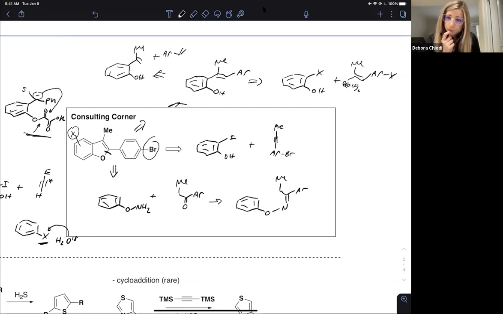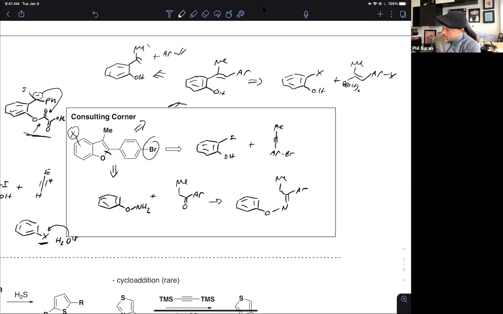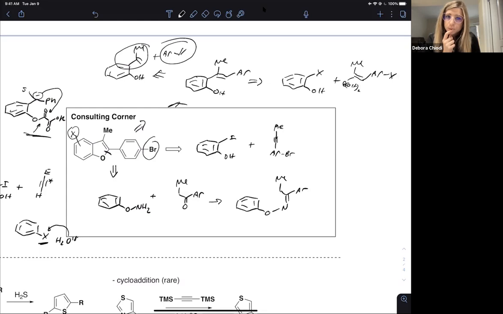Would you bet your kidney that it's going to give you high yield of the cross product and not just this thing dimerizing or this thing dimerizing? And they only get 10% of their desired olefin at the end. So it's a good idea, but I can't propose it in a consulting session. And therefore, it's not something you should do.